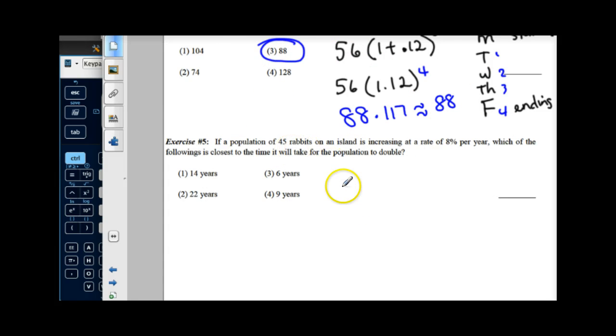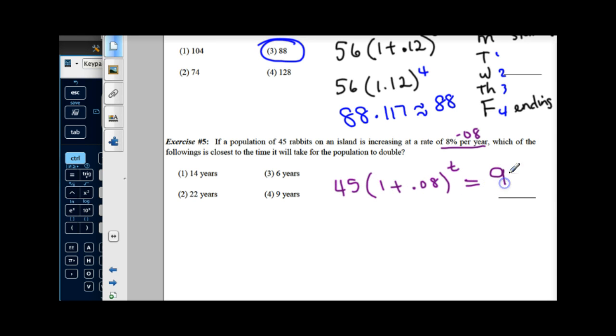If the population of rabbits is 45 and it increased at 8% per year, 0.08, you know it's going to be 1 plus 0.08. Which of the following is the closest time to take the population to double? Now this is one of those questions where we want it to be equal to double 45.